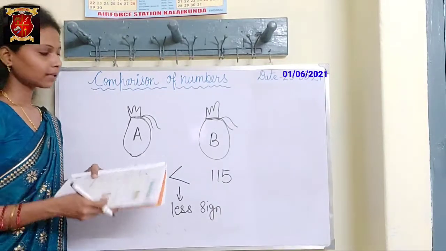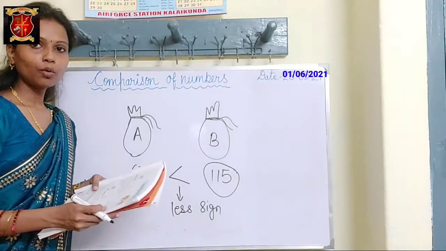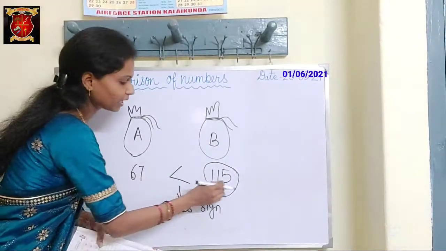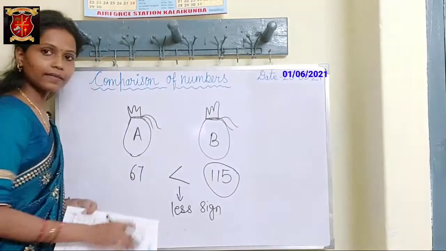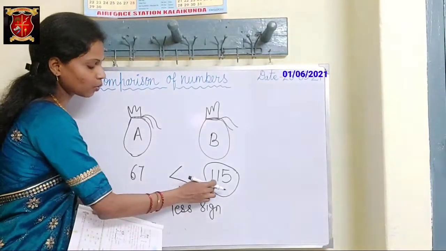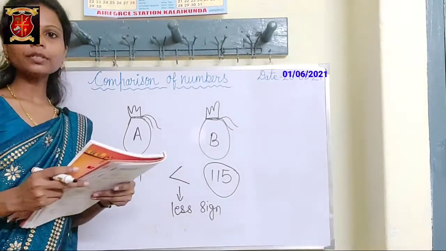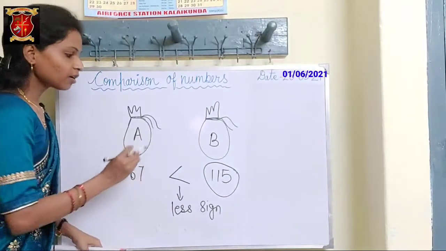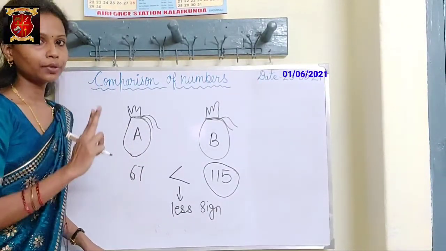She takes the purse B, which contains more money. That is, 115 is more than 67, or 67 is less than 115. Okay. So understood? Always 3 digit is more than 2 digit.